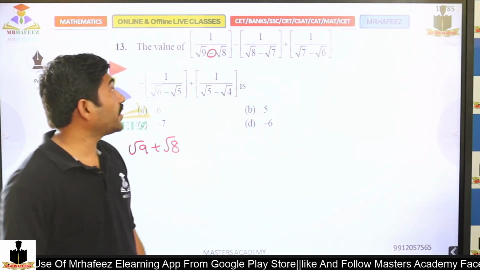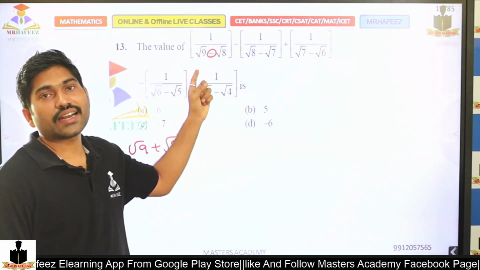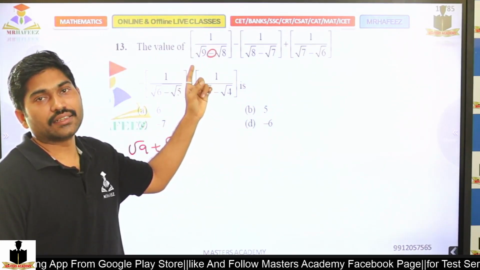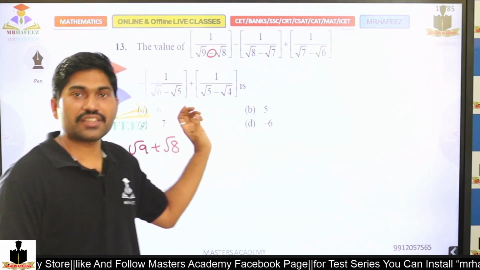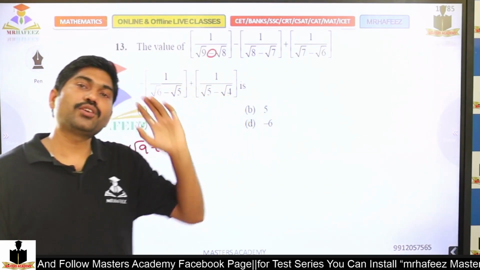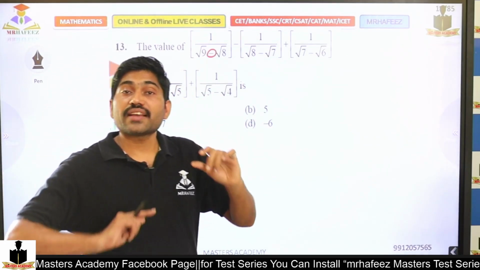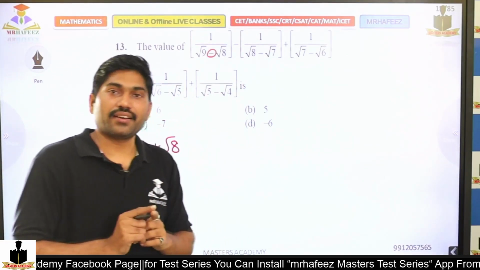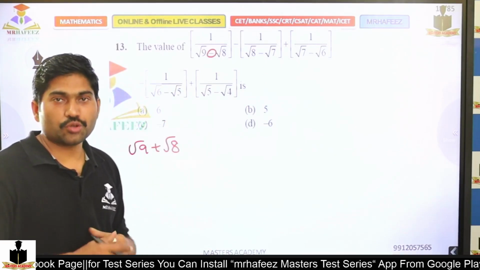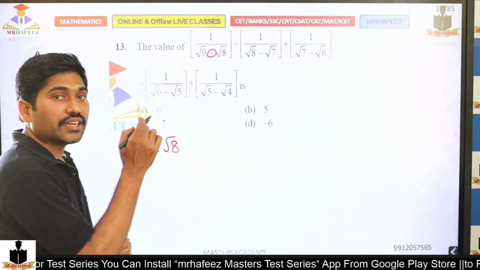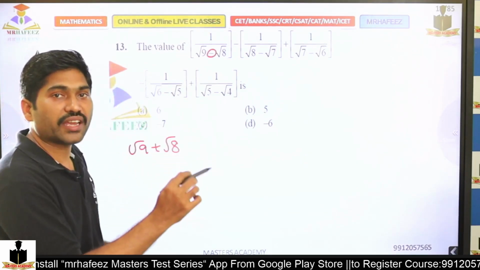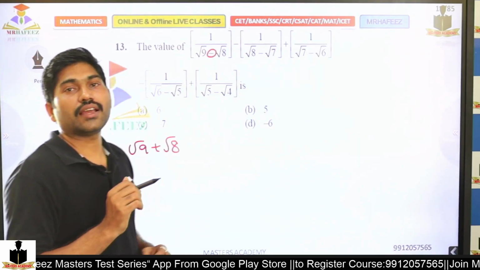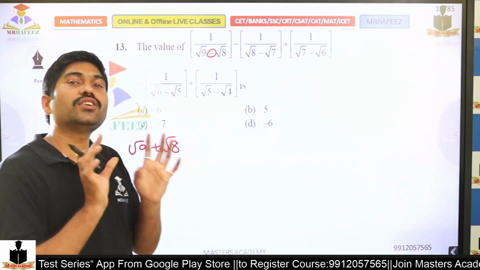It's very simple. 1 by root 9 minus root 8. The denominator consists of root values with a minus, so you should be able to realize that root 9 plus root 8 should be multiplied in the denominator as well as the numerator. So the denominator is root a minus root b into root b plus root a, that is a plus b into a minus b.